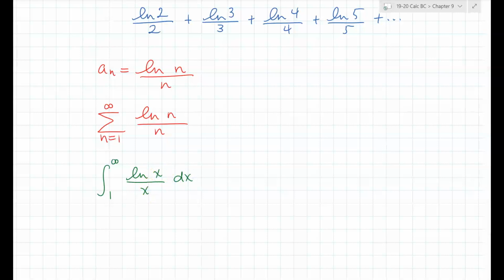So again, since this is an improper integral, we're going to take the limit as b goes to infinity from 1 to b of ln of x over x dx.